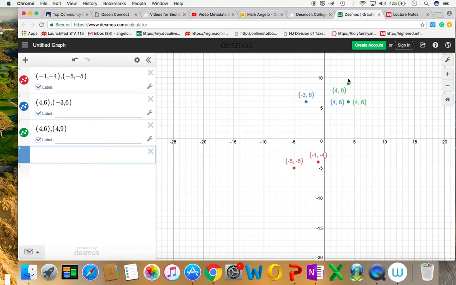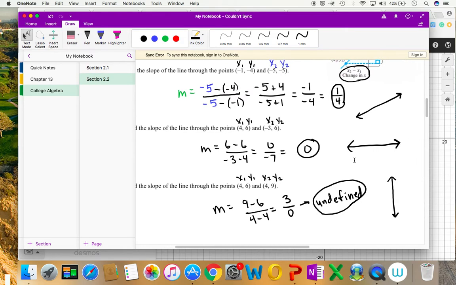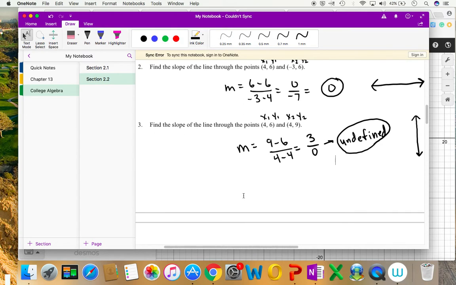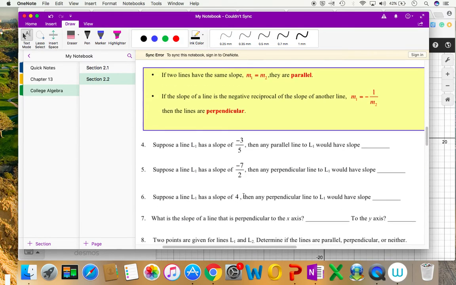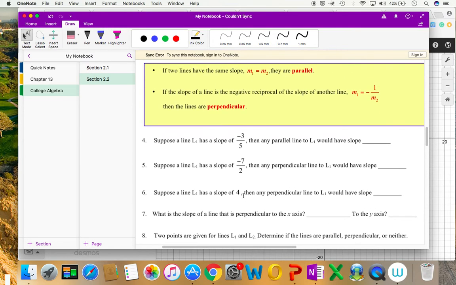If I connect those 2 dots, my x value doesn't change, stays 4, but my y value changes. Okay, it could be 9, it could be 6, it could be 0, it could be -5, but everywhere along that vertical line, x is equal to 4. Notice how the shape of each one of these lines reflects the brief sketch that I drew in the notes. Positive, slope of 0, slope of something undefined. The only one we didn't draw was the slope of something negative, but we'll get to that in a minute.